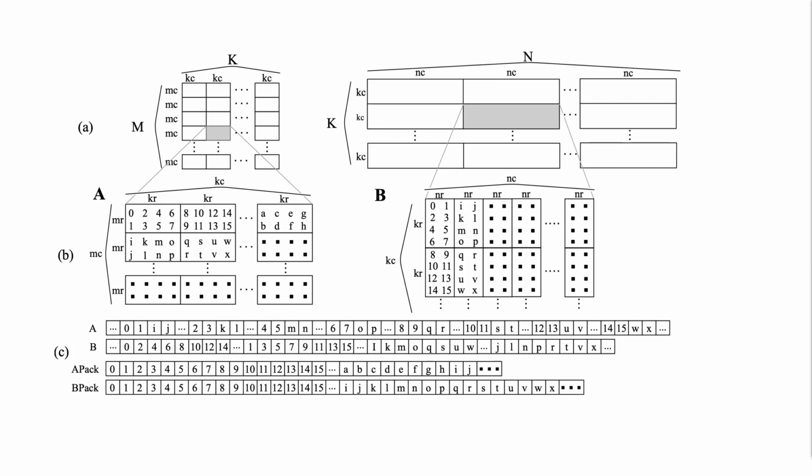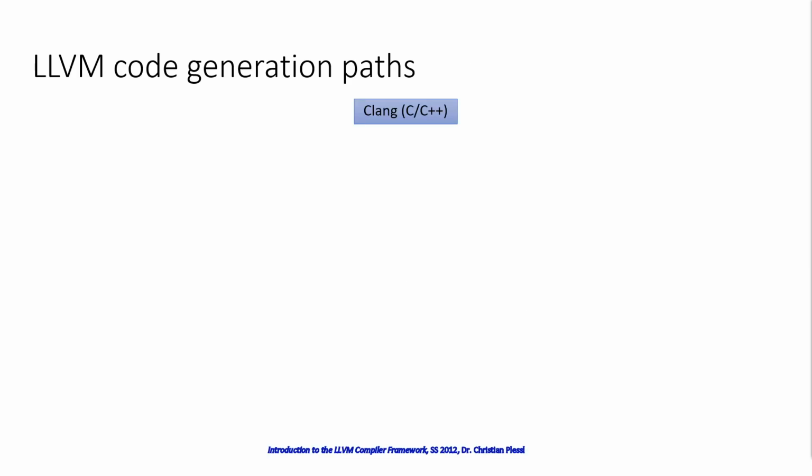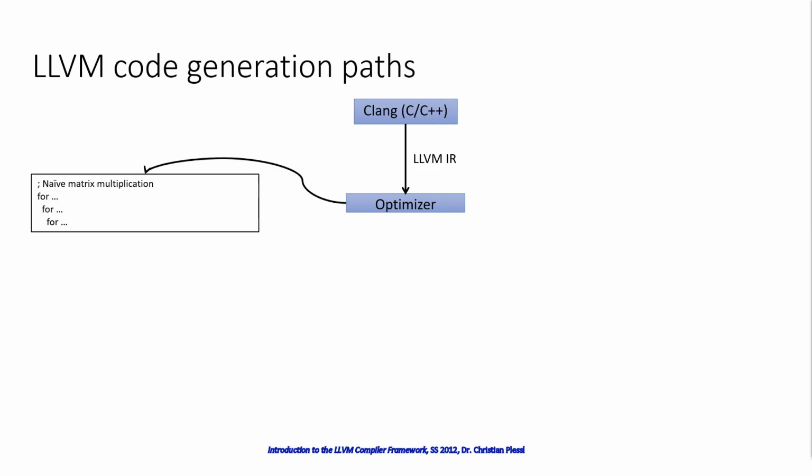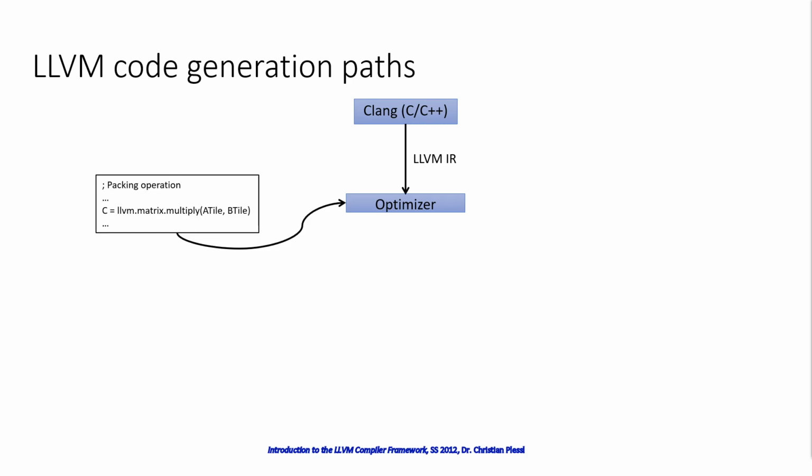Once we have this, we can then move on to thinking about how we lower the operation. So we will start from a front end like Clang, which produces IR, and we get to an optimizer. In this optimizer, we will recognize a naive matrix multiplication and replace that with a packing operation and a call to the LLVM matrix multiply intrinsic.